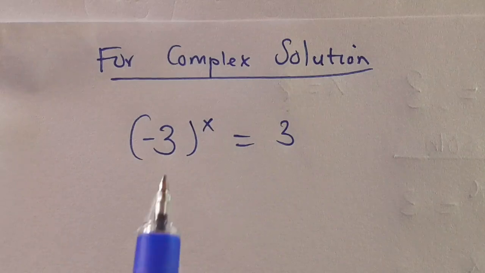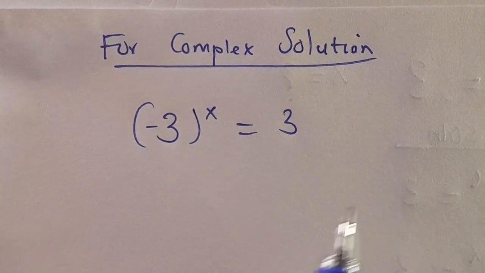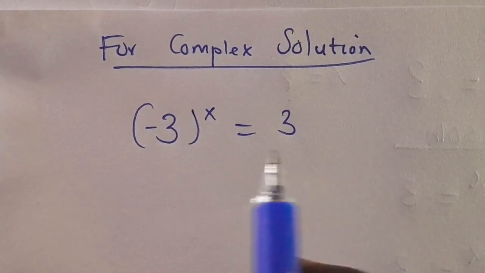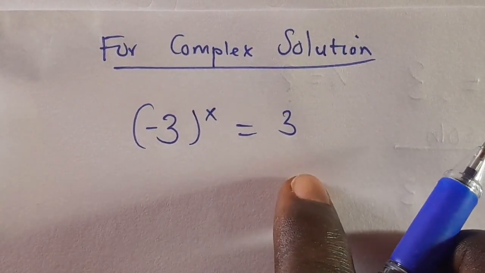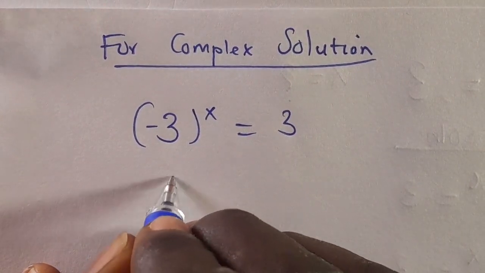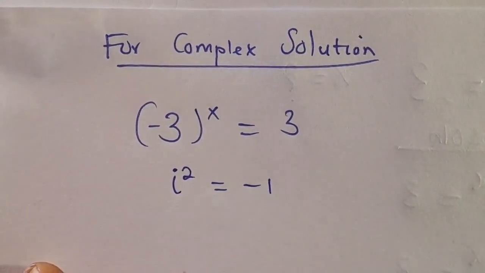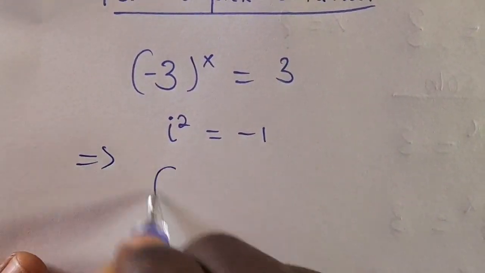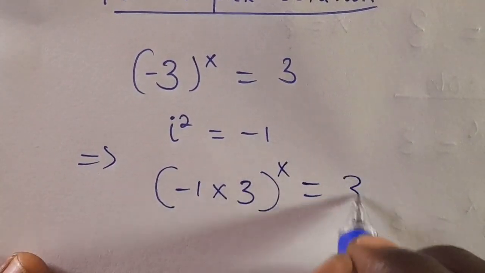Now, for a complex solution, we've shown that there's no real solution for this problem, but probably we can have a complex solution. Let us recall that from complex numbers, i squared equals minus 1. And so from here, we can have this as (-1 multiplied by 3) all to the power of x equals 3.